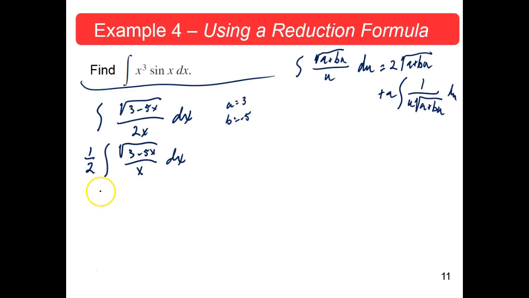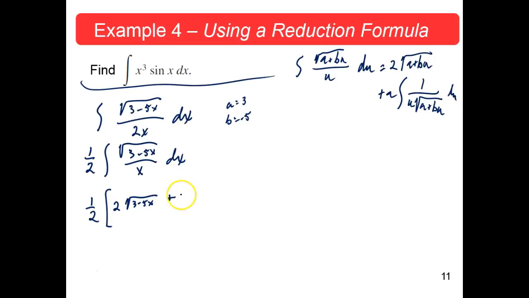All right. 1/2 times 2 times the square root. Now, the a plus bu is exactly what we've got here, so that's 3 minus 5x. Okay? Don't need to do anything special to it. That's that.